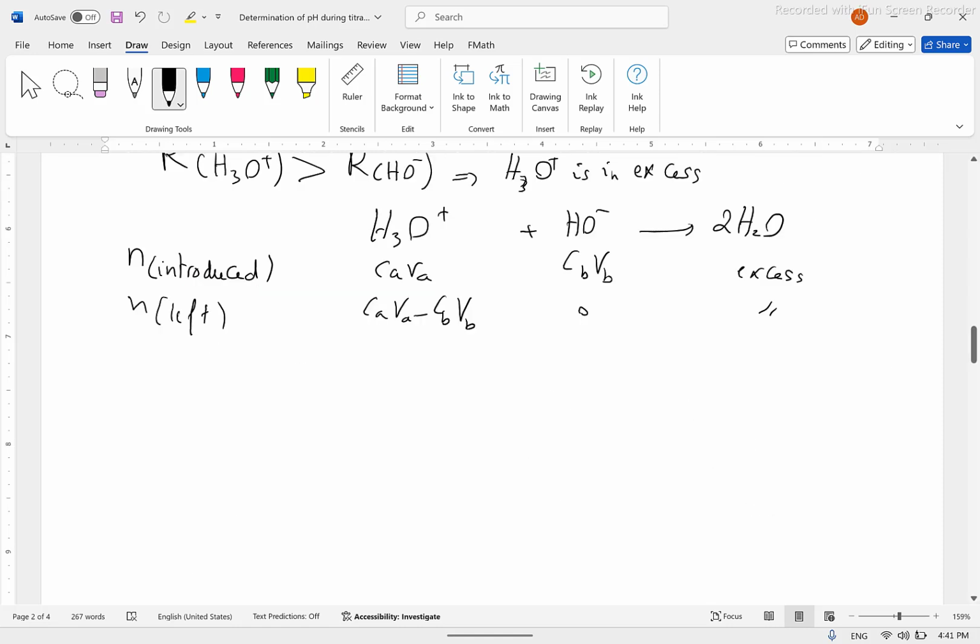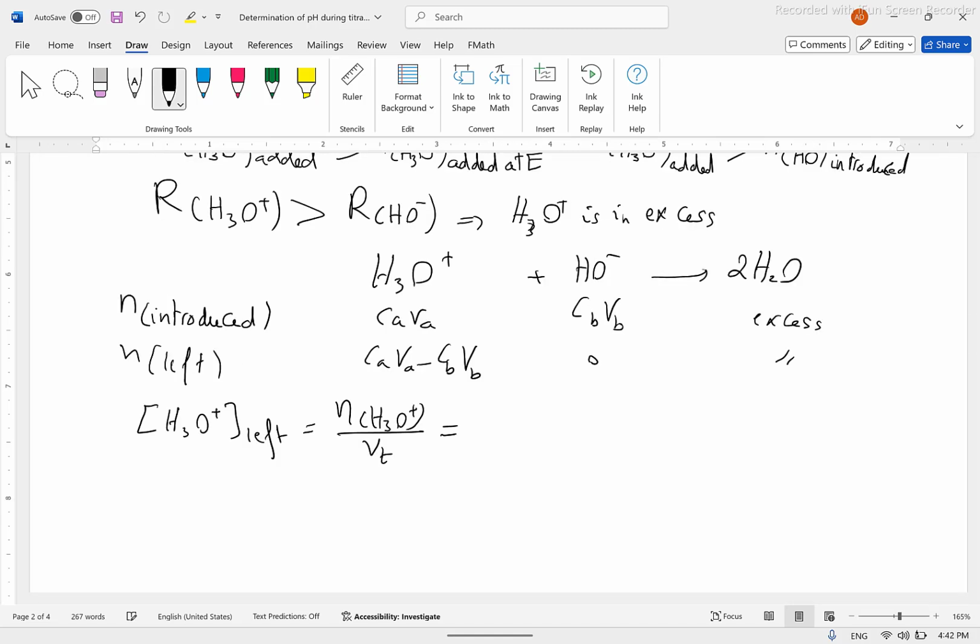Now, the concentration of H3O⁺ left equals the number of moles of H3O⁺ left over V total, which equals CAVA minus CBVB over V total.